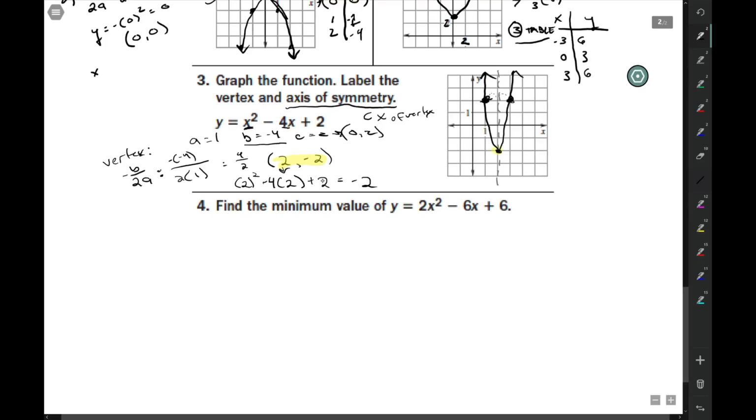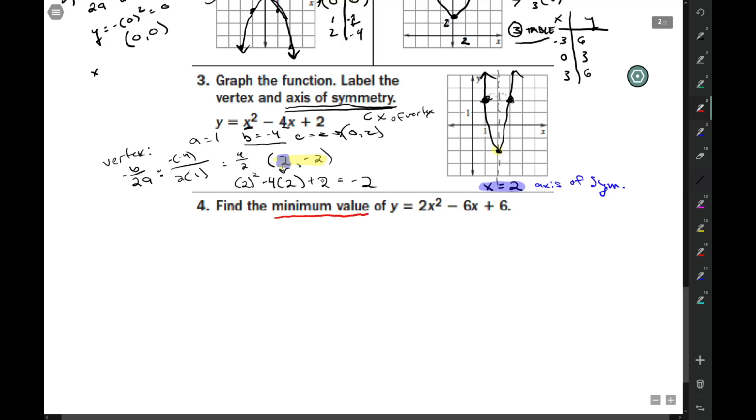Okay, but again, if you want to use a table in your graph, you can. Now, the axis of symmetry is a vertical line through the point 2. Again, the y-coordinate tells you max or min. The x-coordinate tells you the axis of symmetry. Not hard.